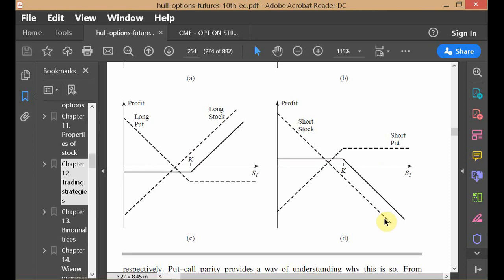Is this clear? Have you understood? I don't think everybody is 100% clear. You need to go back and revise. Make sure you understand all these points that are being made. Are you following what I'm saying? This cannot be a short put profile, because in the short put profile, it's showing that I have a big loss in satisfying the exercise of the option, in fulfilling my contractual obligations in a situation where the holder of the option exercises the option.